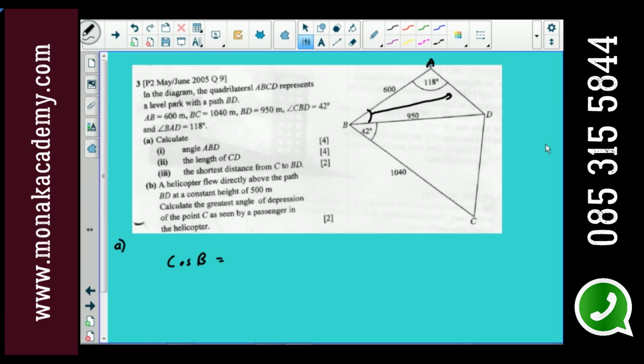Even our cosine rule is going to be difficult to use. Why? Because we don't have that side. Okay. Oh, okay. It won't be difficult to use. We're using the 600 and the 950. But we still need to know one of the sides if we're going to use it.